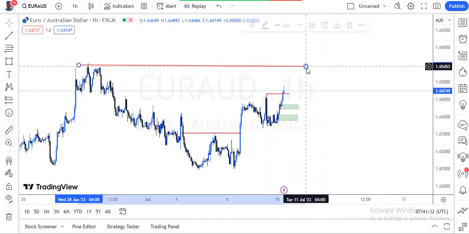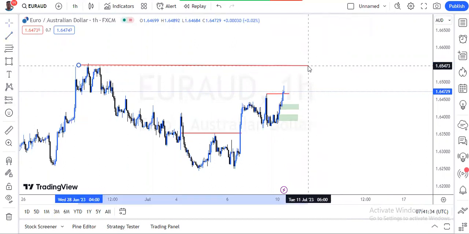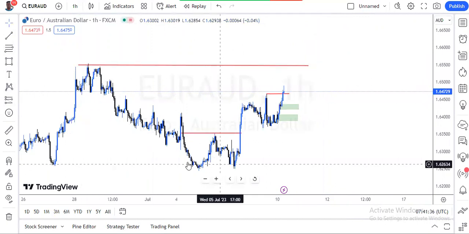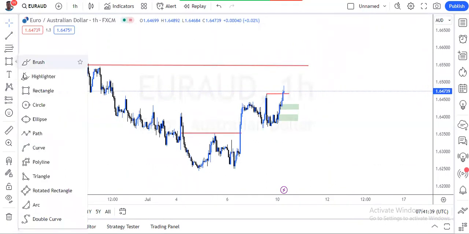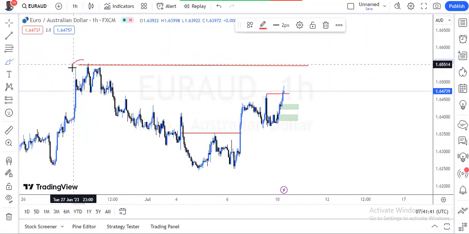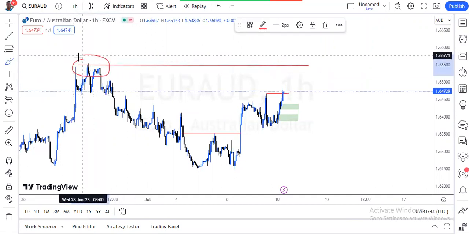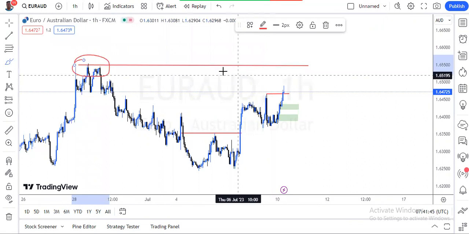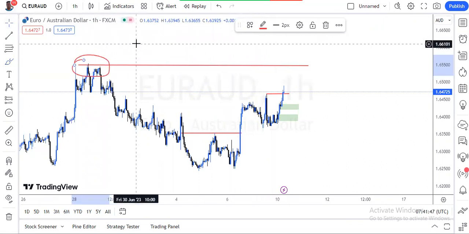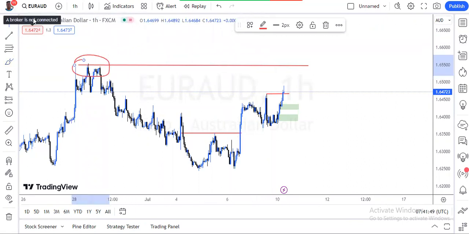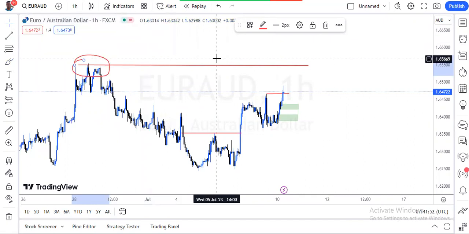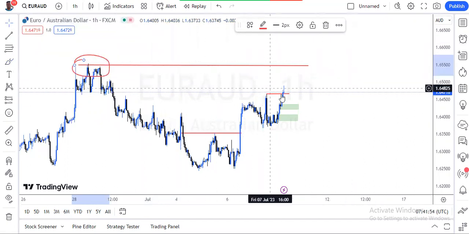There are so many people that sold from here to here. A good number of them have stop losses resting above here. The market makers are only interested in hunting stop losses. So that is the liquidity we talk about. When you hear us say liquidity, it is where the money is really hiding in the market.